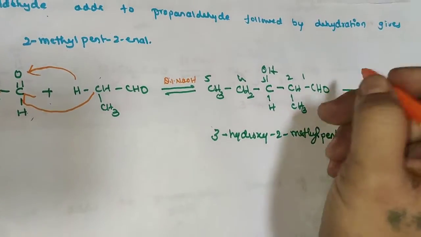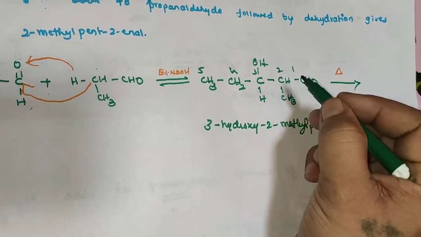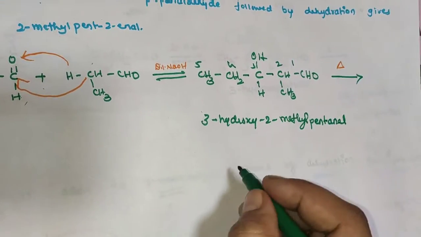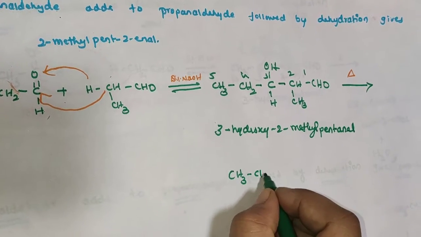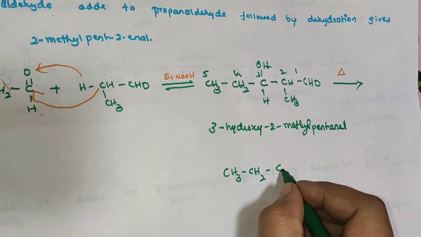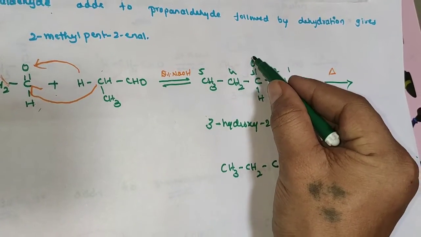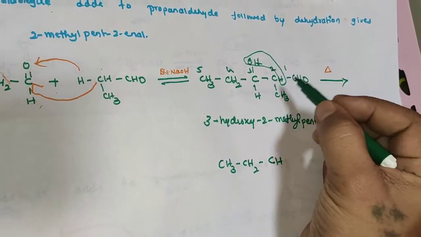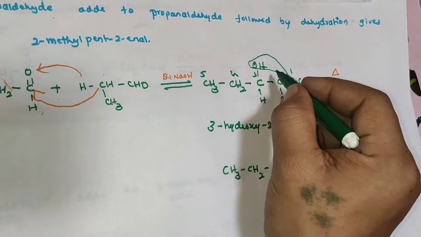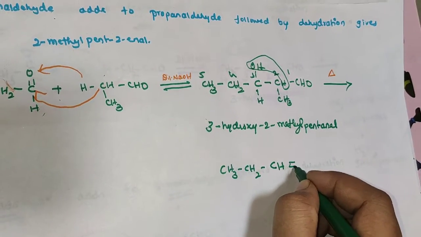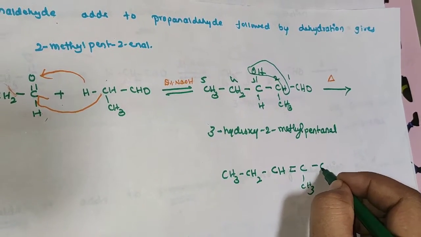Whenever heating is applied to this product, the dehydration process is carried out. So the final product we obtain is CH3 CH2, now here CH, then this OH and this H are eliminated in the formation of H2O. So now it becomes CH, then the single bond is shifted to this carbon atom, so a double bond, then CH3, and the remaining CHO.